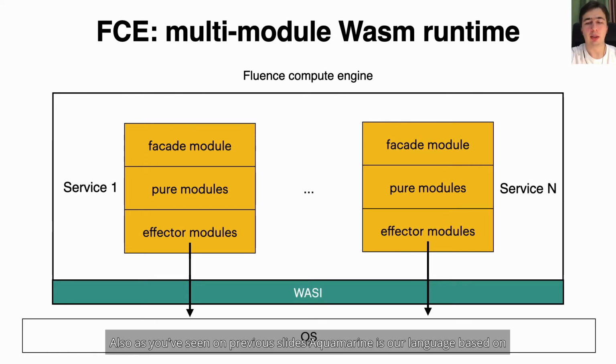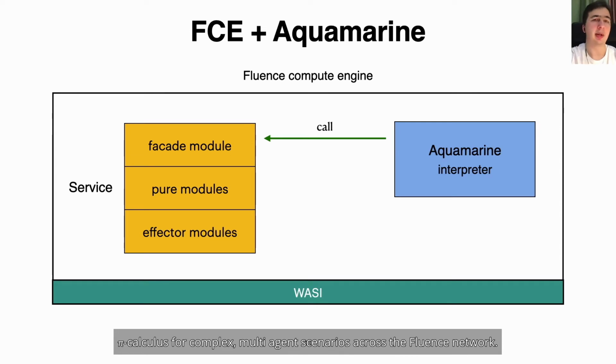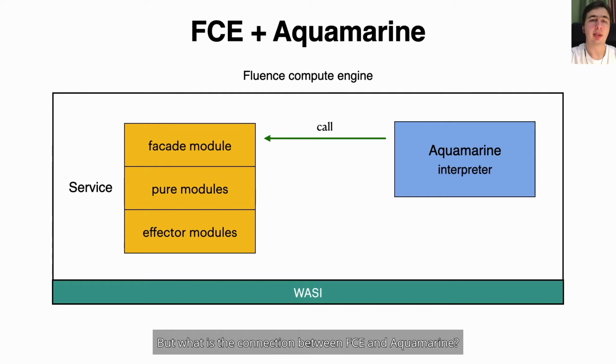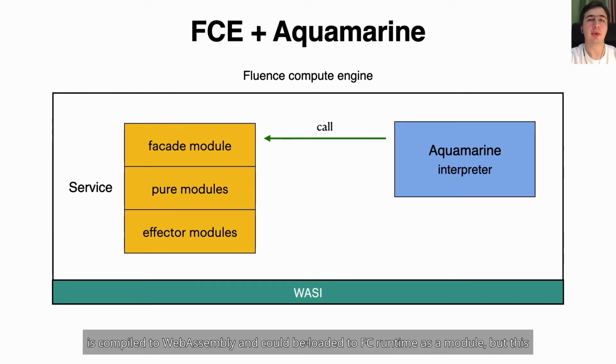And also, as you heard on previous slides, Aquamarine is our language based on pi-calculus for complex multi-agent scenarios across the Fluence network. But what is the connection between FC and Aquamarine? Actually, the Aquamarine interpreter is compiled to WebAssembly and could be loaded to the FC runtime as a module.